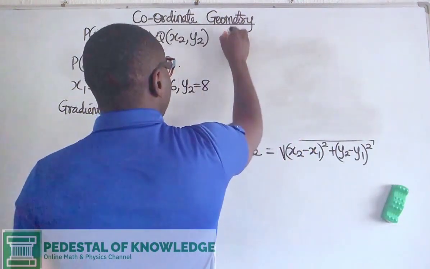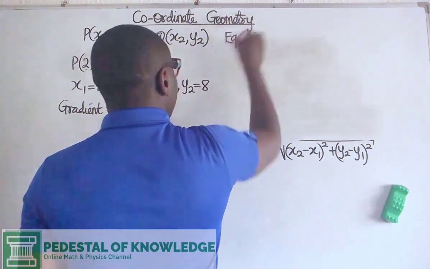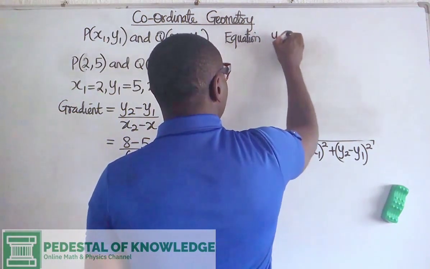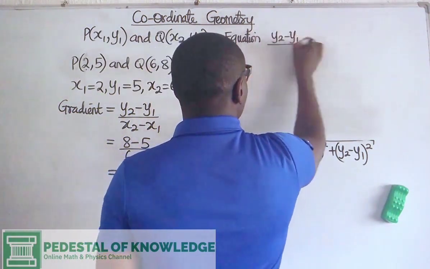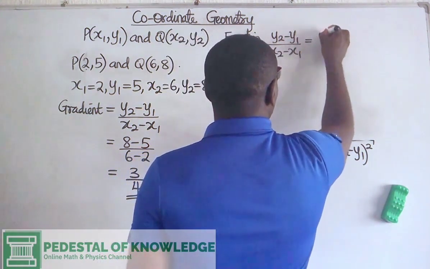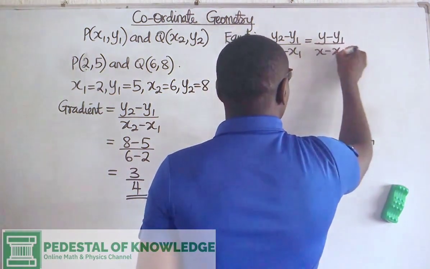Now, the equation of a line connecting P and Q is given by the formula (y2 minus y1) over (x2 minus x1) is equal to (y minus y1) over (x minus x1).